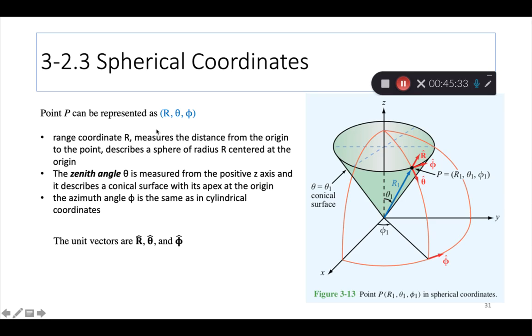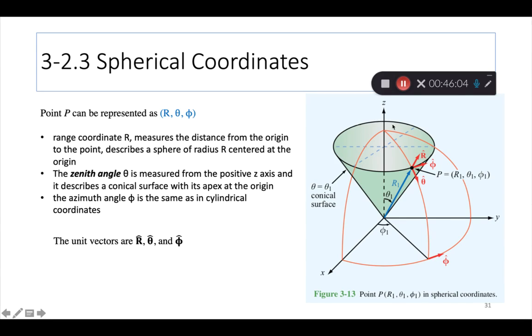So point P can now be represented. Look at this figure from our textbook. So there's a point P with coordinates r1, theta 1, phi 1 in the spherical system. And what does that mean, right? So here's the meaning. So you can see r is the distance, theta 1 is an angle, this angle, and phi 1 is an angle on the xy plane, this one, okay?